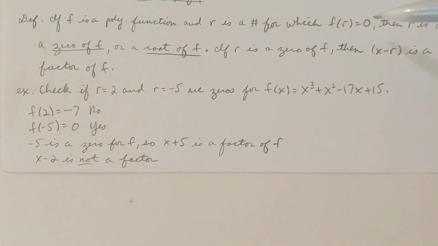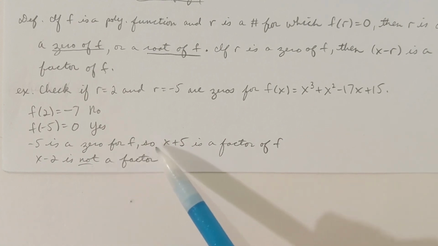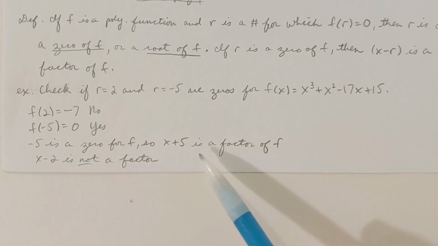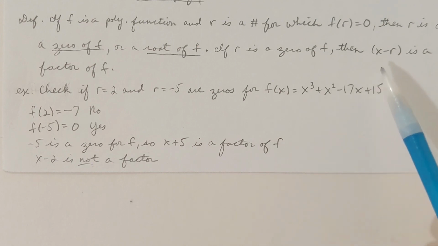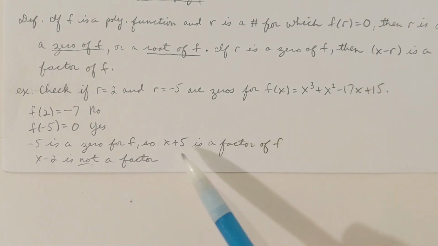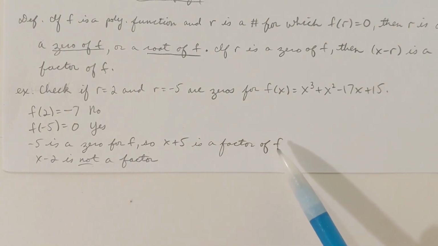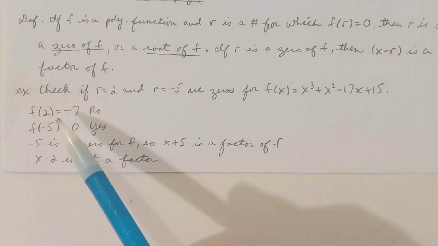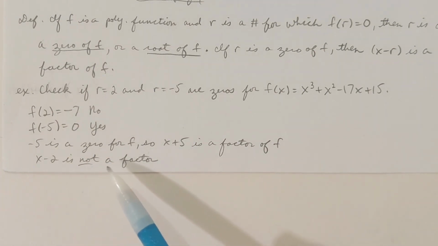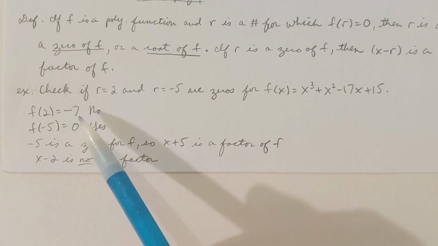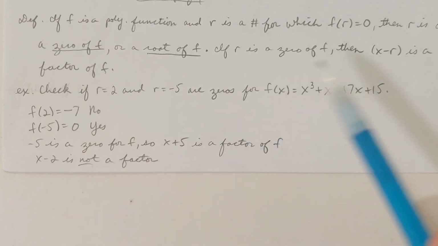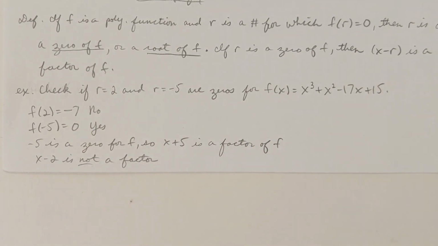Okay, since I have a number that returns 0 when I plug it into the function, then yeah, that number is a 0 of f. So the factor x minus negative 5, or x plus 5, is a factor of f. Okay, I can also conclude that x minus 2 is not a factor because I did not get 0 in return. Okay, why don't we stop right there?